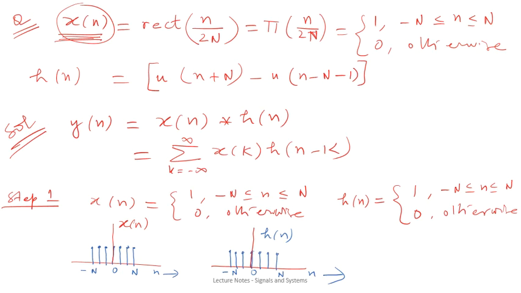Now this was the first step. In the second step, you have to write the equations and draw sketches for x[k] and h[n minus k]. x[k] is simple, you can just replace the variable.